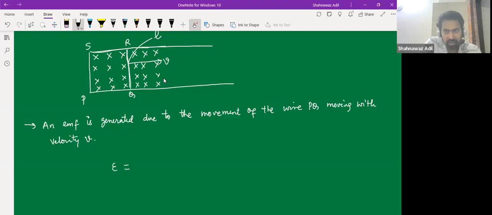Yes, yes. Change in flux by change in time. Yeah, absolutely right. So minus of d phi by dt. Let me write it. So minus of d phi by dt. Right, this is the induced EMF.